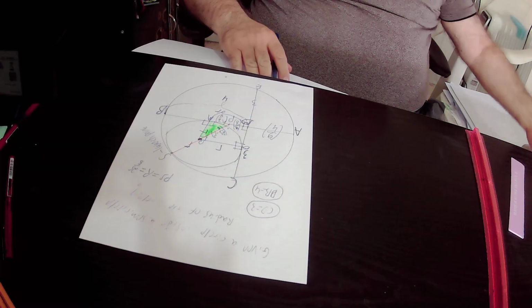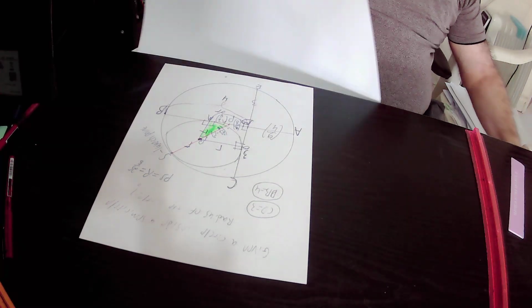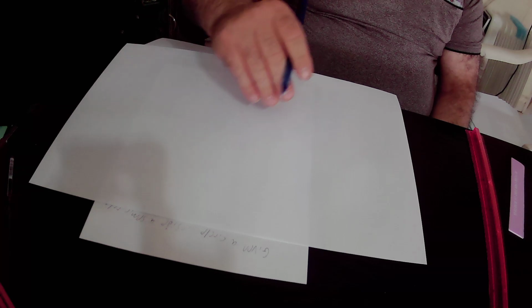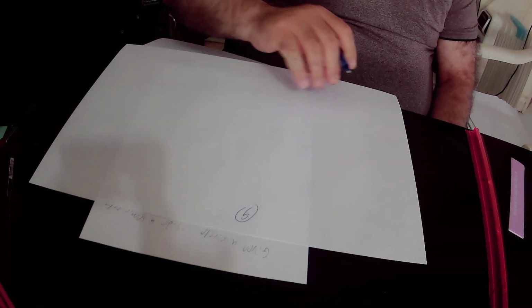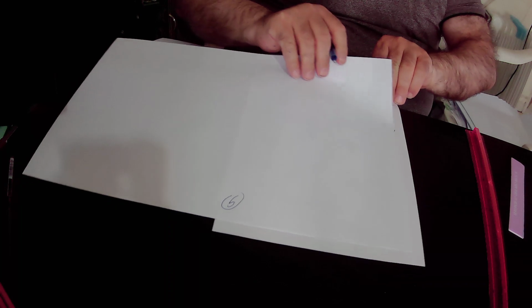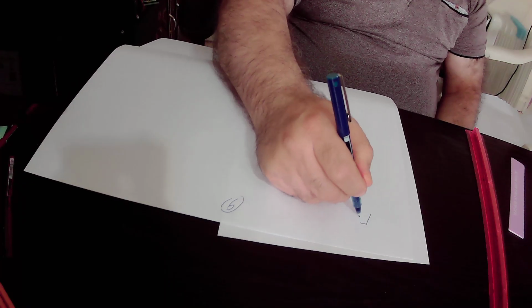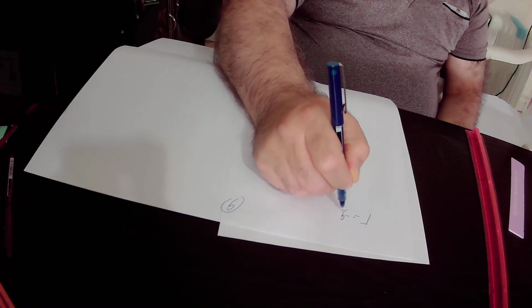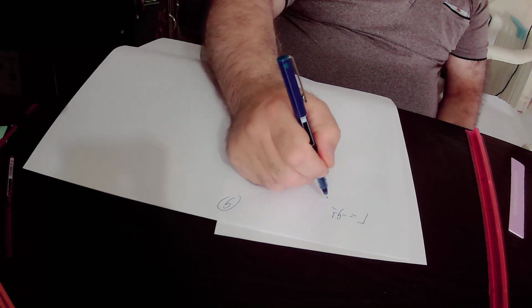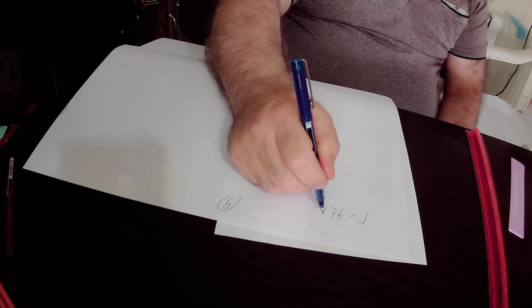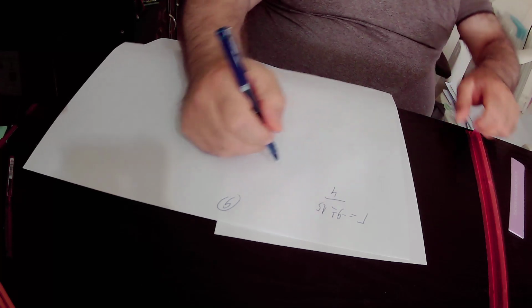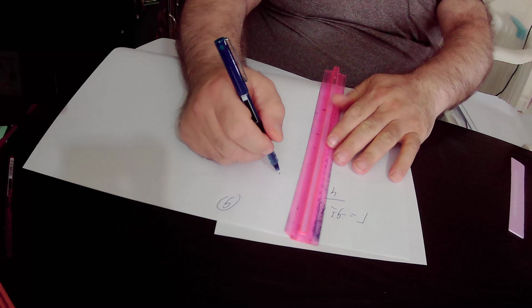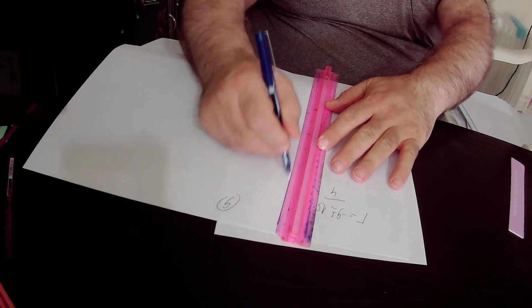So here r, the radius of the small circle, equals minus 9 plus minus the square root of 225, which is 15, over 4. So here we will have two possible solutions for r, the radius of the small circle.